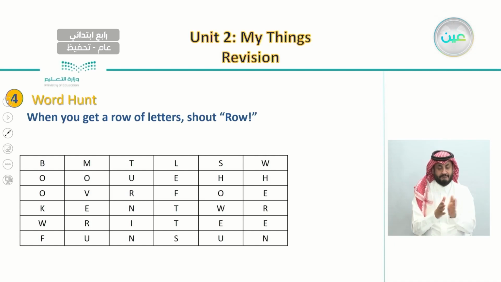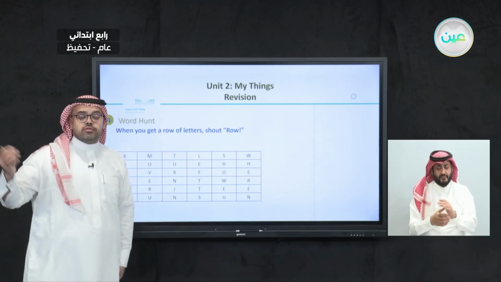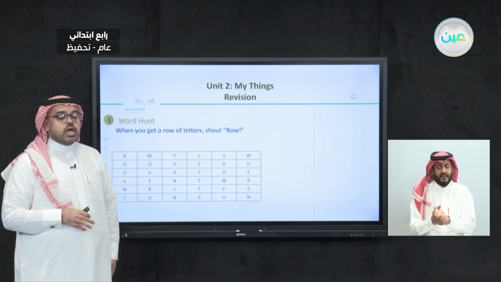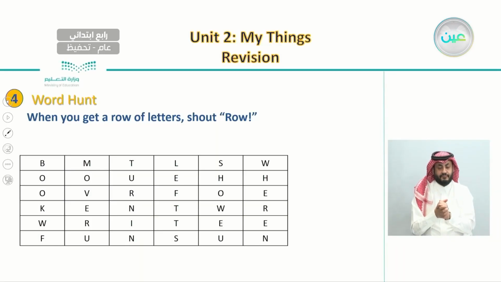And after this, we had an interesting game and puzzle called the Word Hunt, where you gather around with your teacher or with an elderly family member, and one of them will say a word. When you listen to this word, you cross these letters of the word and shout the word "raw."